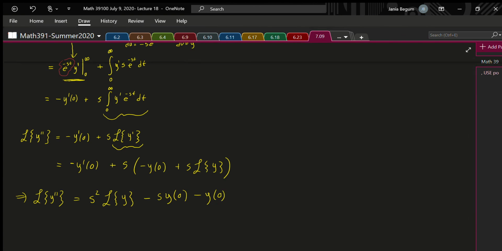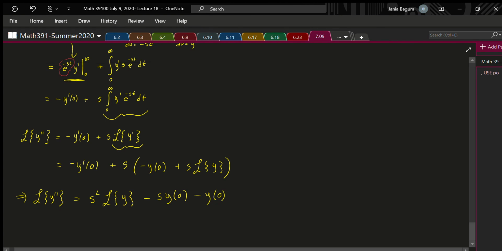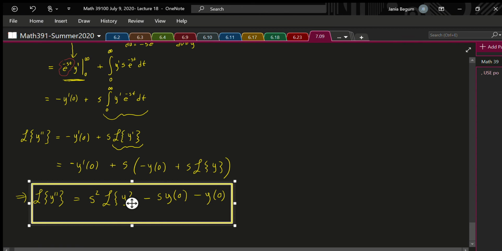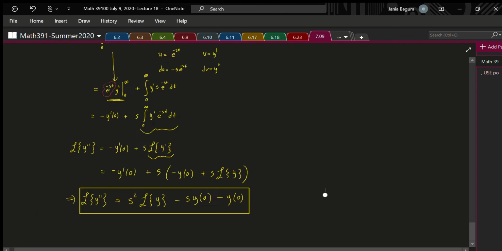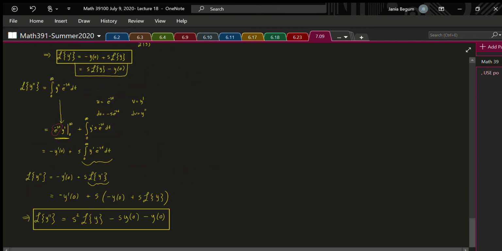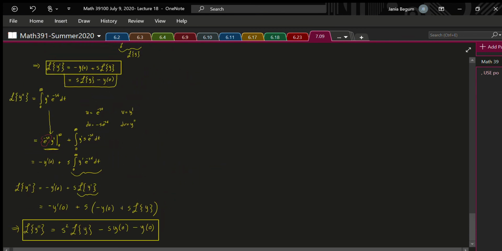So you want to memorize this format for the Laplace transform of y double prime. These two boxes, make sure you remember them. This is important and this is important, but I would go with this one because it looks simpler.